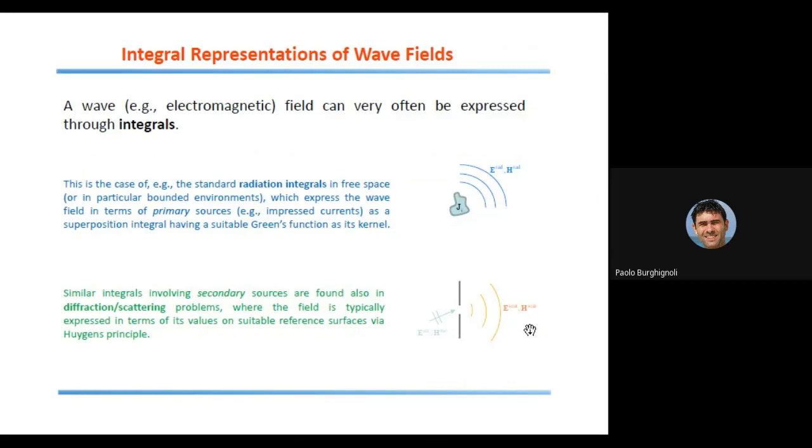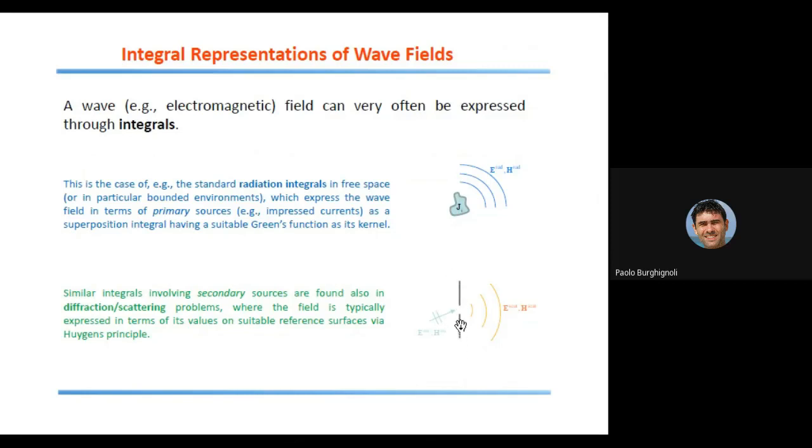Now, this scattered or transmitted field can be found in terms of secondary sources by means of the well-known equivalence theorems. You can, for example, replace the slit with a metal, so you obtain a continuous unslitted plane.